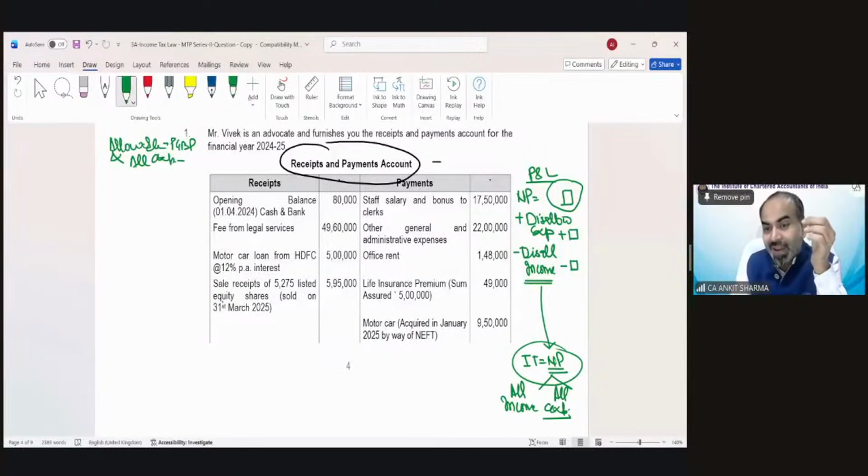So what is the technical meaning of this profit? This profit consists only of incomes under PGBP and only expenditure as per PGBP. Exactly what we are doing over here. So the intention is exactly the same. We have to find a profit which only includes the business head of income and business head expenditure.